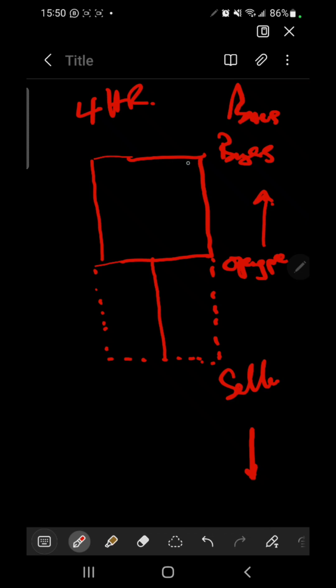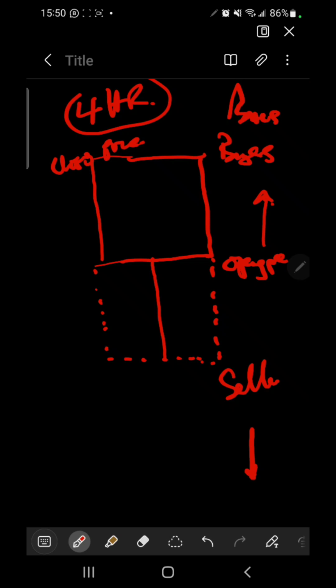So whenever the time interval that we have given is finished, the price at which it closes is called the closing price. We are saying the opening price and the closing price determine whether the market has been controlled by the buyers or the sellers within that specific time interval.